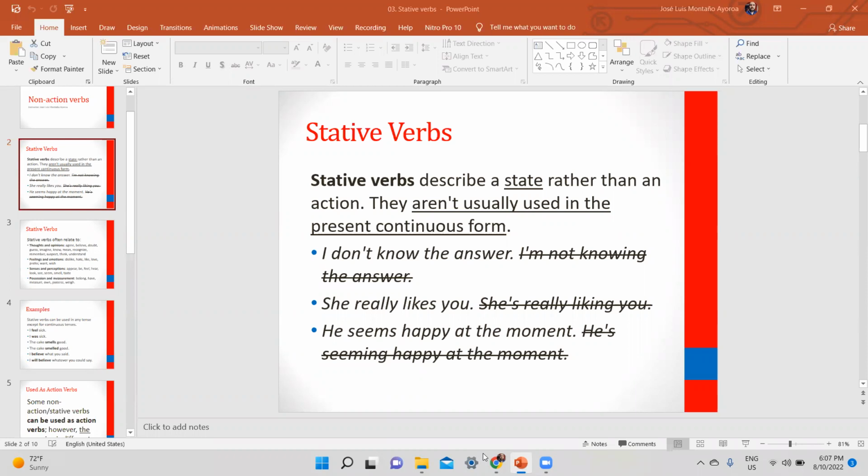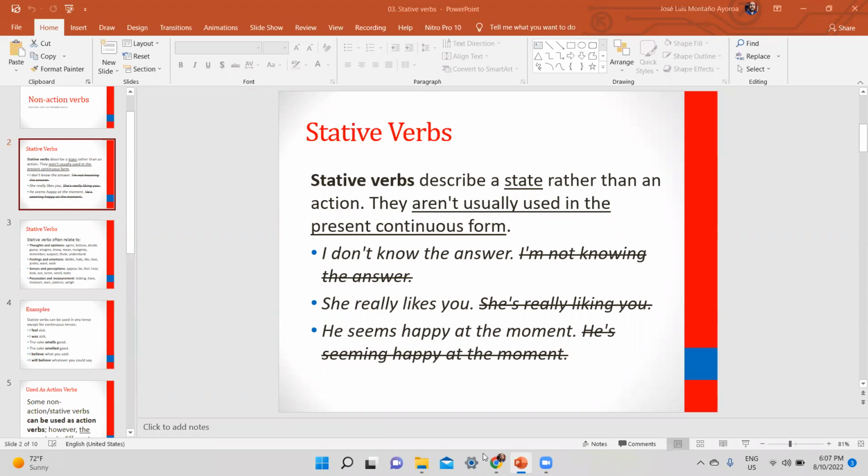Also, to like. I like you, I don't like you, she likes you, she doesn't like you. Over there also, it's not an action. It's not that she is doing something, she feels something. She has a sensation.